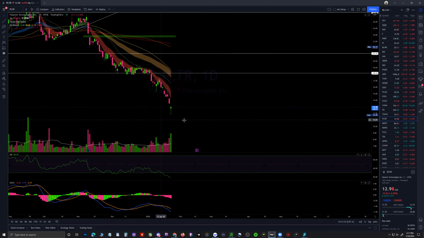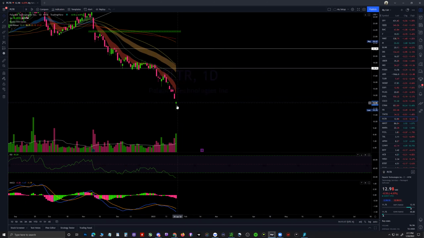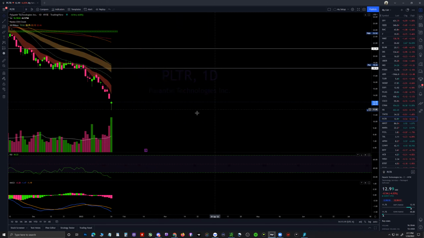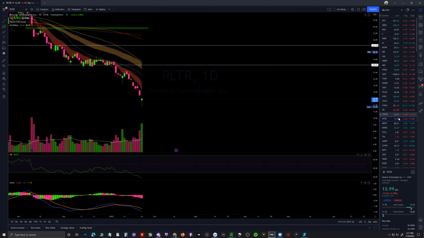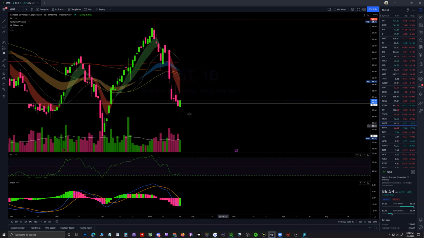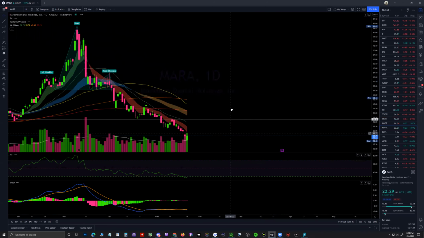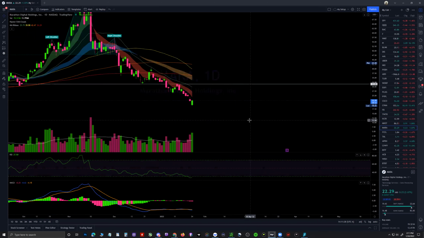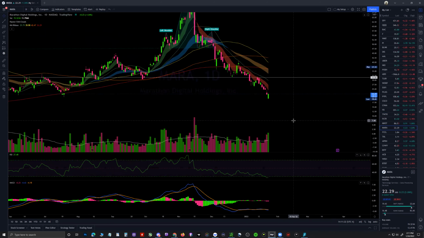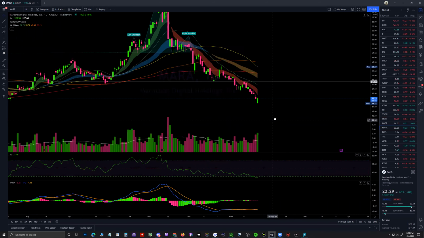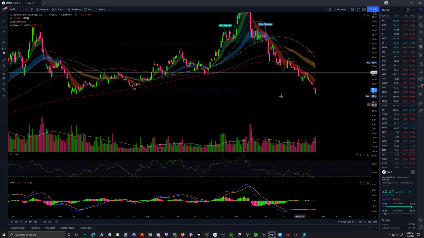Look at this. Every single stock has got one of these strong buy wicks at the end of a downtrend. Every single one. Look at this. Another one. Mara. Mara's green today. That's interesting. Right off of support.